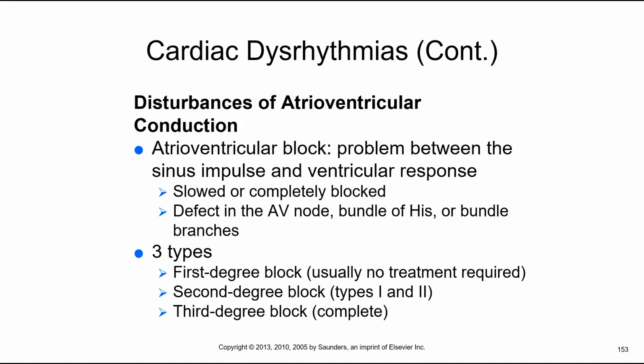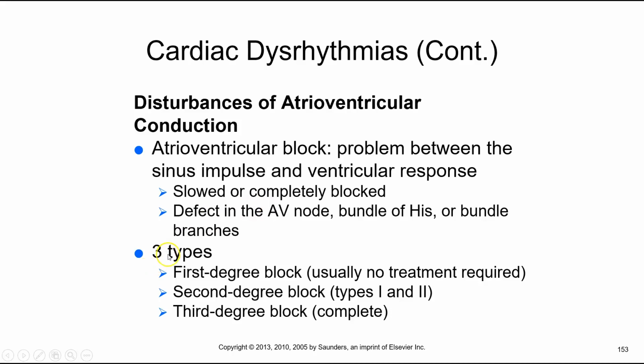There's a variety of different kinds of blocks. These blocks are all sort of the same idea, where part of your AV node, bundle of His, Purkinje system is defective. Maybe there's a myocardial infarction and it's broken down, or some other thing that means electrical conduction is inhibited in some way.